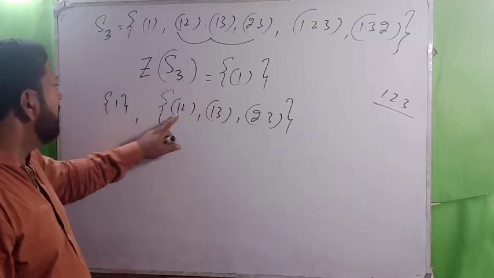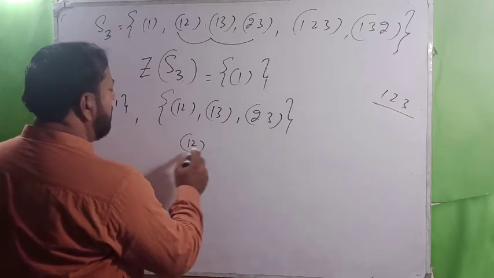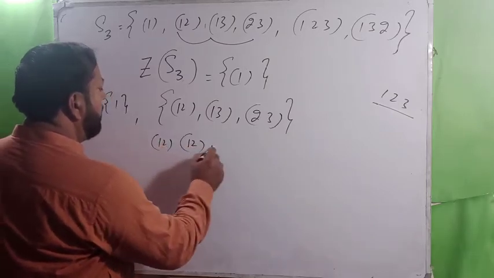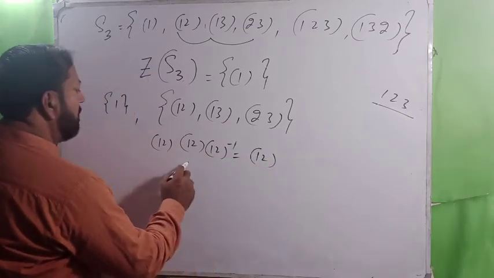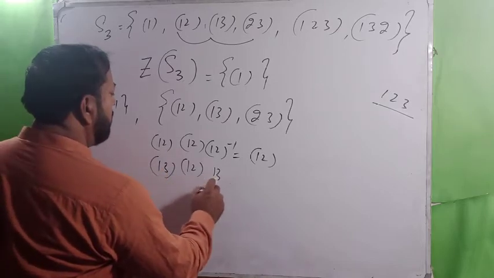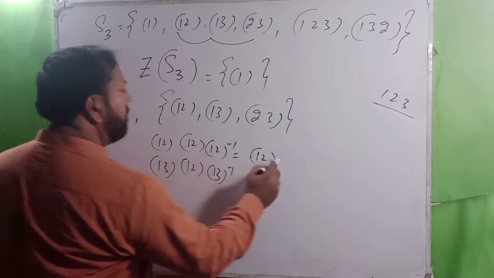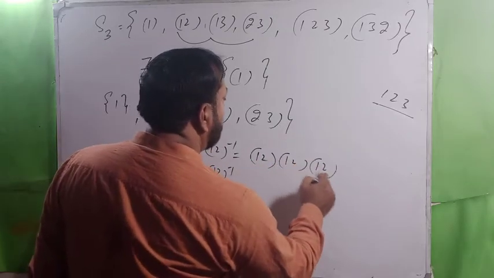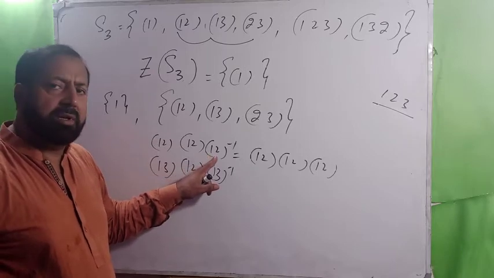That's why this one. And for (1 2), I can find the conjugate of (1 2) with (1 2) and (1 2) inverse. This is (1 2), and then (1 2) with (1 3), (1 3) inverse. This is equal to (1 2)(1 2)(1 2). This is a transposition, so it is its own inverse.